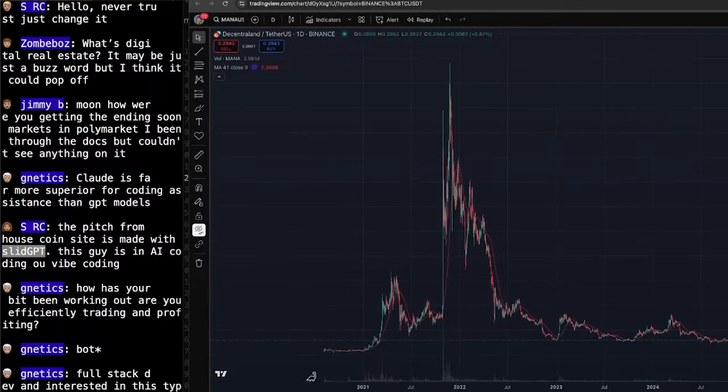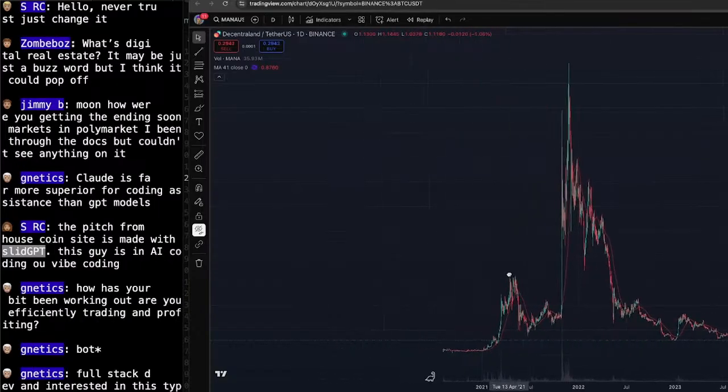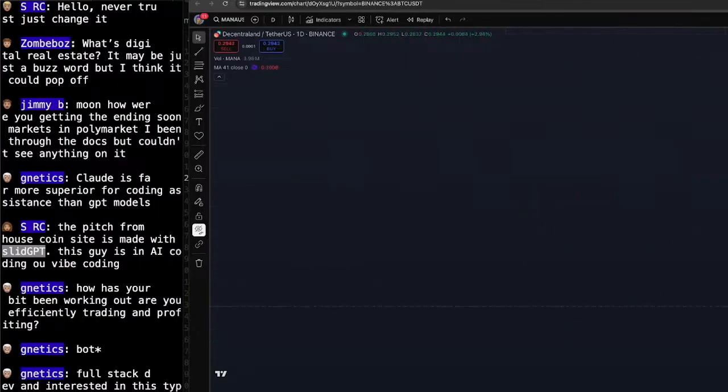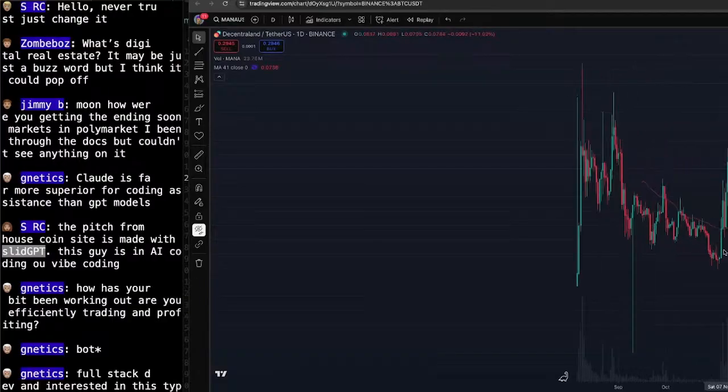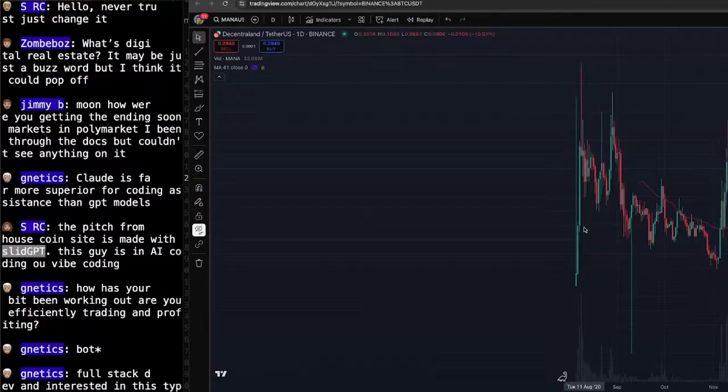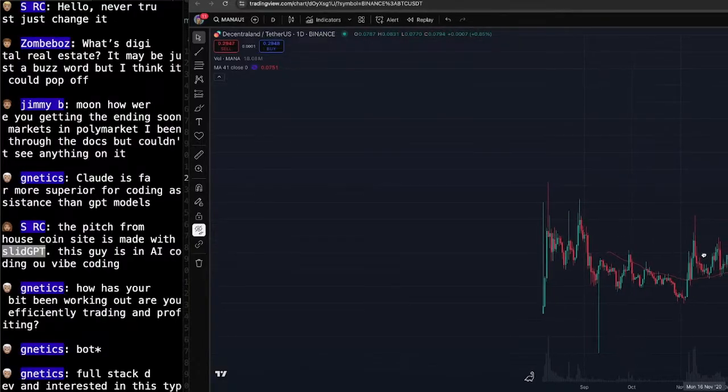I was accumulating Decentraland down here, so it looked like a very similar chart. You know, this looks a lot like the Decentraland chart in the early days. First big pop, and then it just goes down, down, down, down, down. Is this going to happen? Who knows?